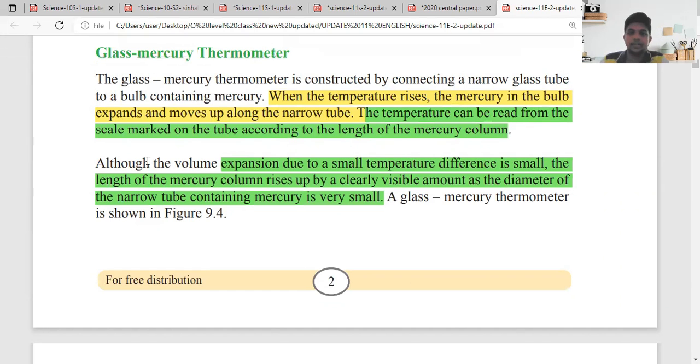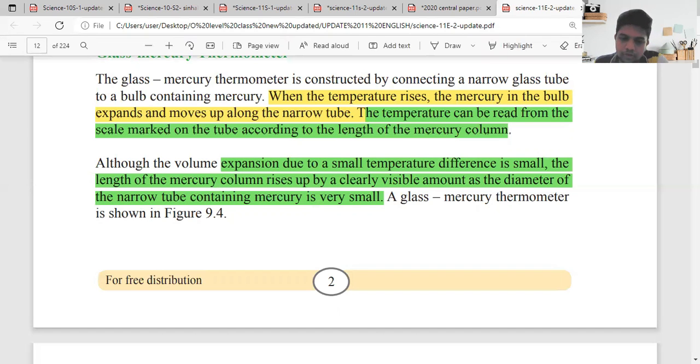Write down: when the temperature rises, the mercury in the bulb expands and moves up along the narrow tube.